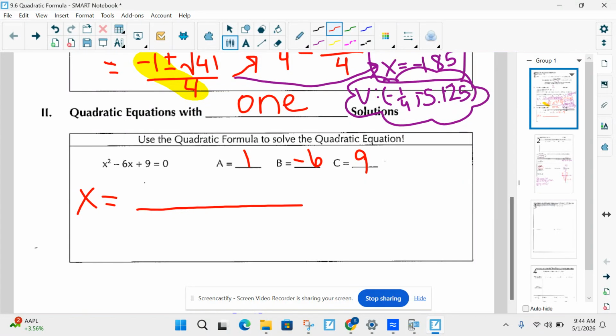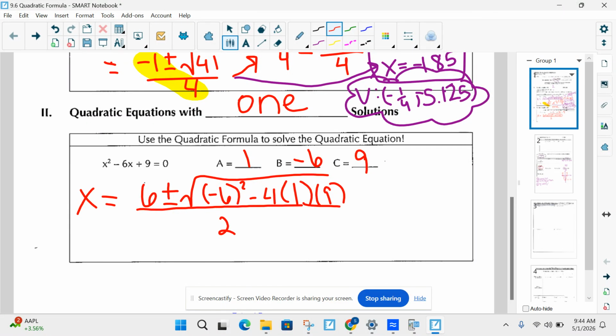Negative B, which would be +6, plus or minus the square root of B squared, so -6 squared, minus 4 times A times C, all over 2A, but A is just 1, so it's 2.